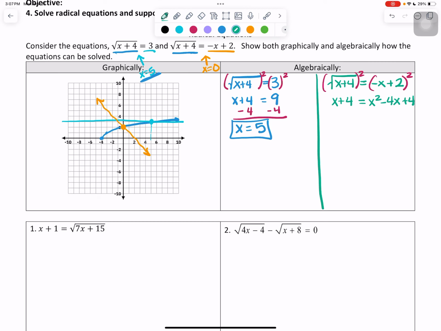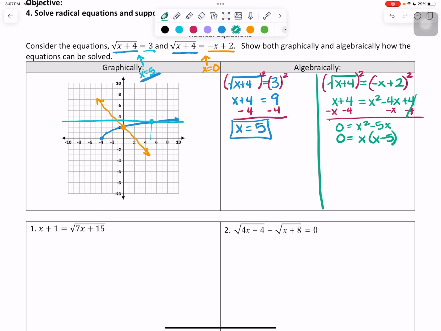Let's move everything to one side. So I'm going to subtract the x, and I'm going to subtract the 4. I'm just going to move everything all at once. So I get 0 equals x squared minus 5x, and then that is 0. So I can factor it from here to solve for x. X goes into both things, and I'm left with an x minus 5.